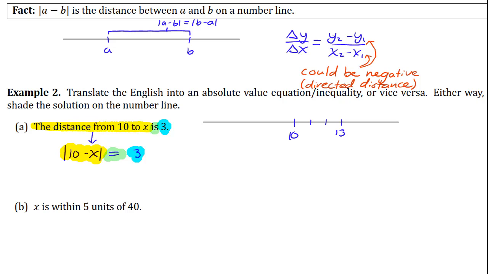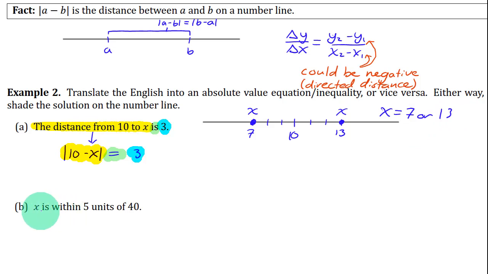That is a distance of 3. So this right here could be your x. That's a distance of 3 from 10. Or you could go back the other way. You could do 10 minus 3 to get to this point right here, which is 7. So that could be x, or that could be x, and that describes that sentence. So that's the solution set, those two numbers.